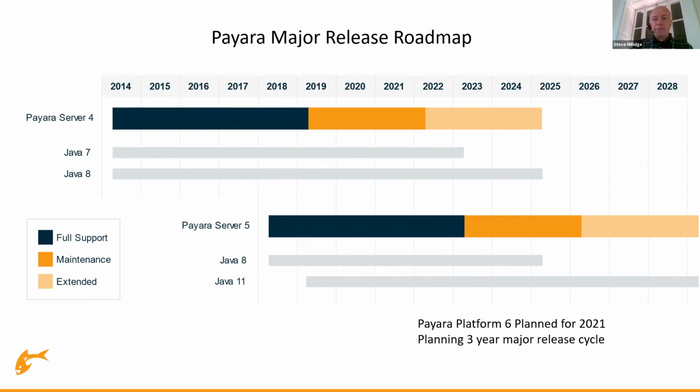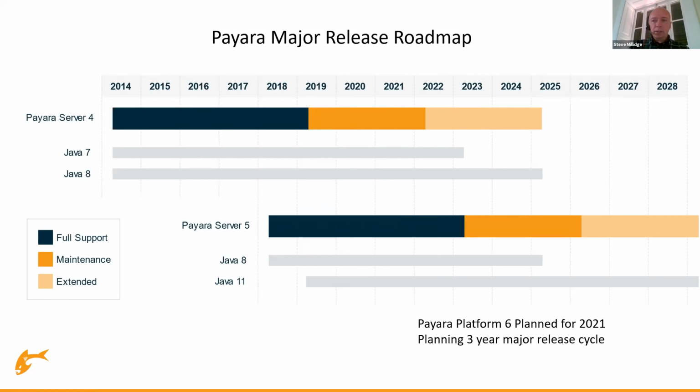Payara Server 5 also has a 10-year lifecycle. It was released in 2018, so it will end its extended support in 2028, and Payara Server 5 has full support out to 2023. One of the things we've also decided is that the release date for Payara Platform 6, we've planned for 2021.